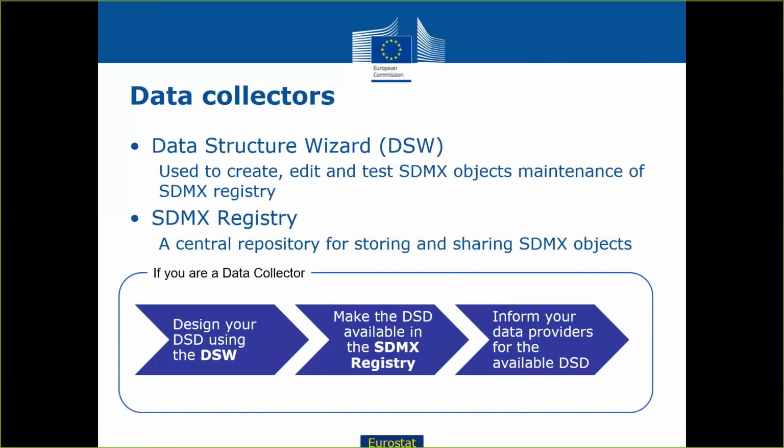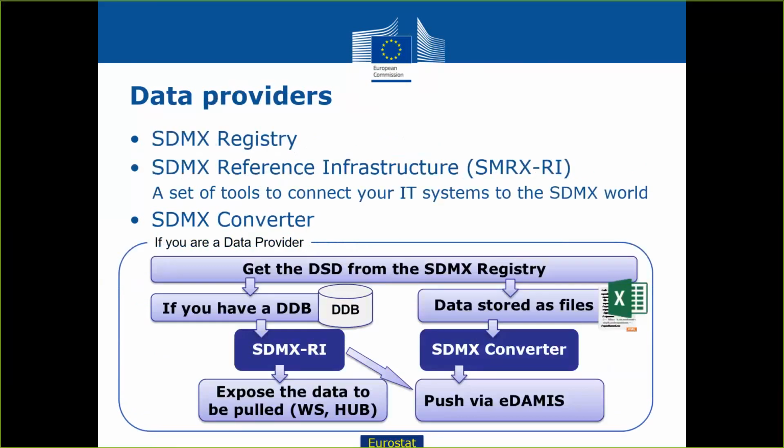For data providers, this is a link with what we just said. The collector has provided a new artifact, say a new DSD, which has been stored on the Euro SDMX registry for Eurostat stakeholders. So data providers will go to this registry to download or view this specific DSD, which will enable me to model my data, the one that I have to send to Eurostat.